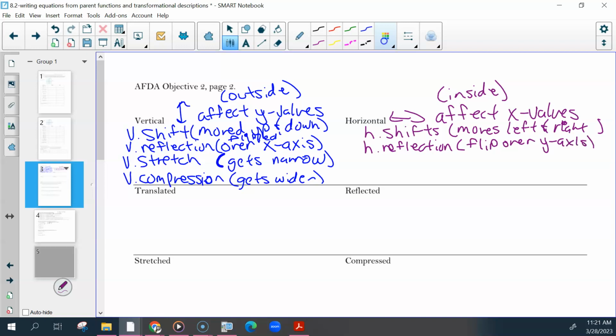So that one is weird again because it says y-axis, so you're thinking y values. But if you have your y-axis and you're flipping over it, your x values are changing.